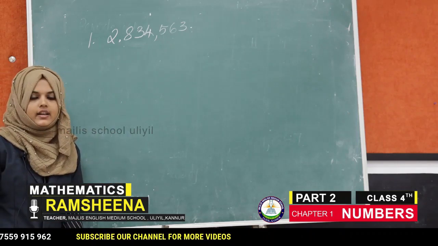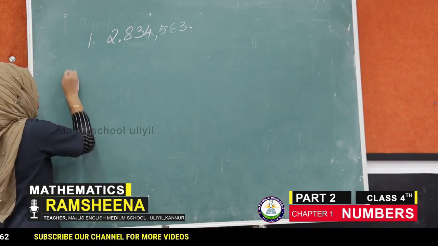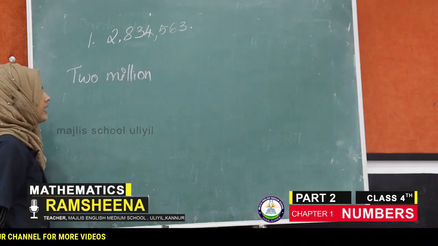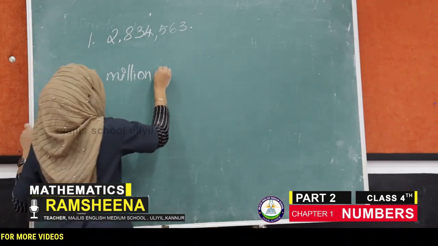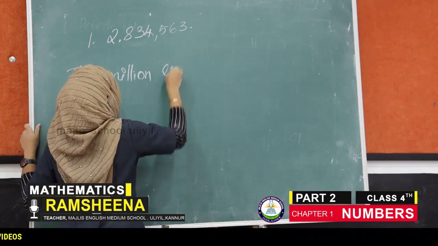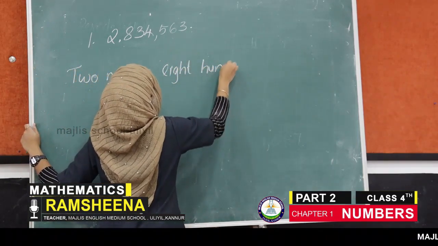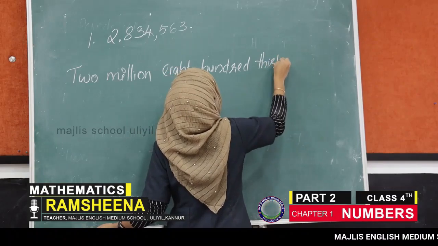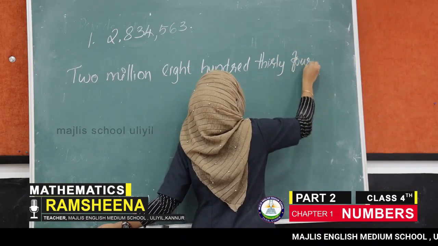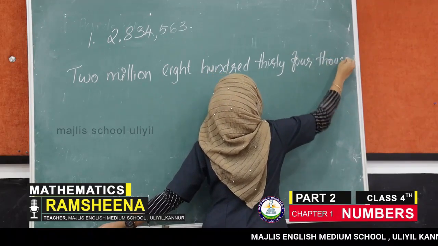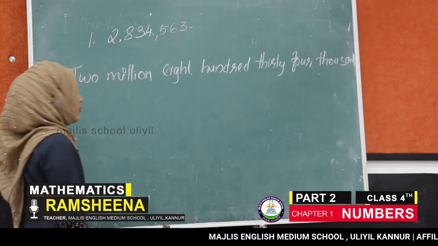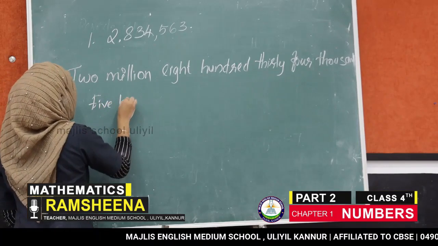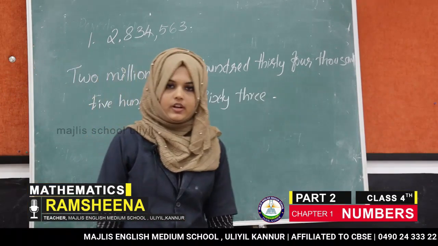Then how to write this number in words? 2 million, 834 thousand, 563. Okay. All of you understood?